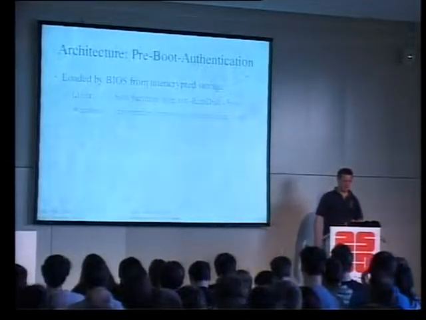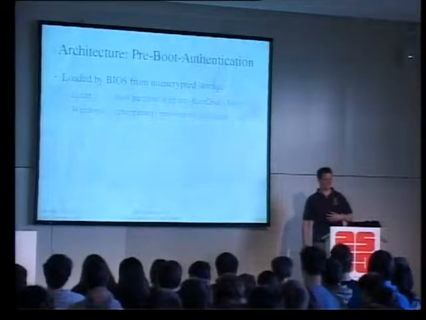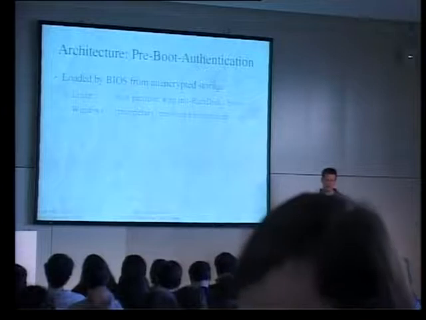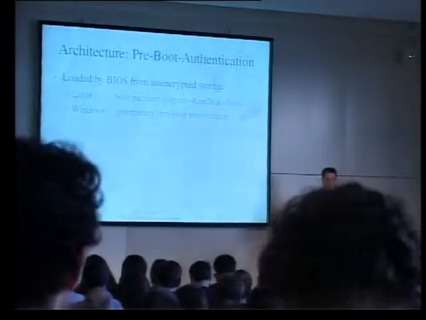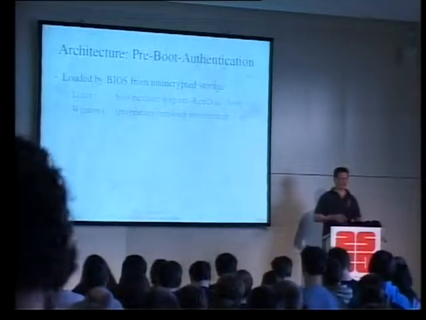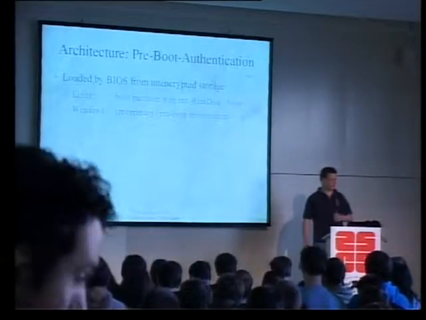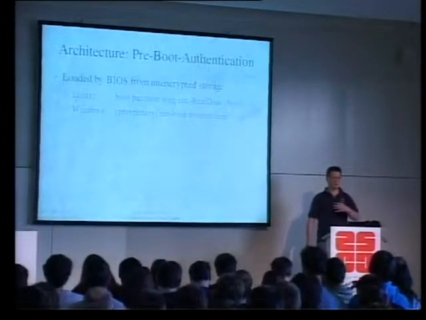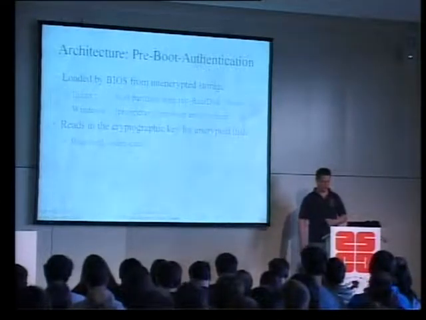In Windows, it's more like that, because the architecture is different, and you have a proprietary pre-boot environment that does just that. It displays a prompt, takes your password, whatever, and then sets up the system so it can continue to boot.